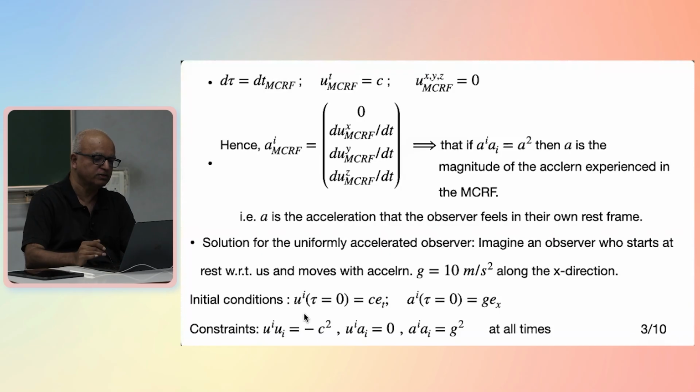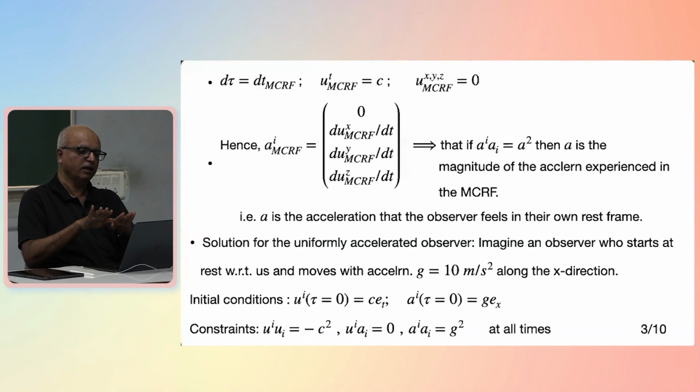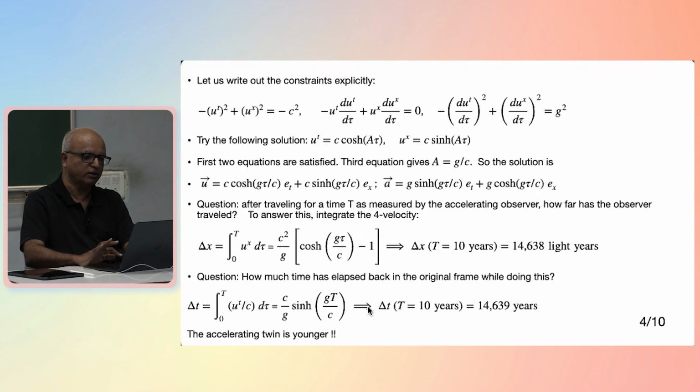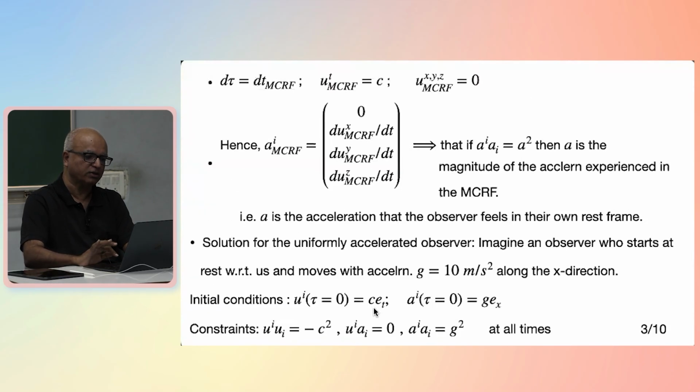Initial conditions: at rest. So, u^i at tau equal to 0 has only a time component, it starts at rest, okay, and I take t equals tau to begin with because it is at rest. So, it will have only one component, t equals 0, tau equal to 0, and that will be along the timelike direction.